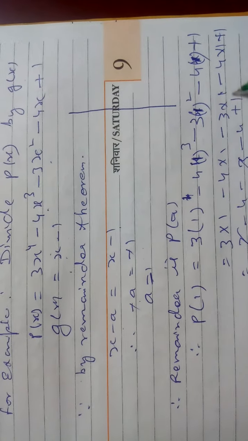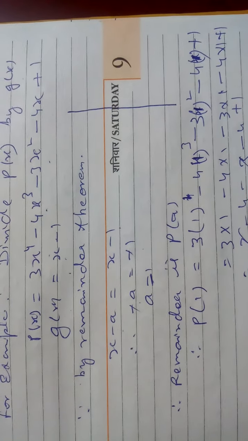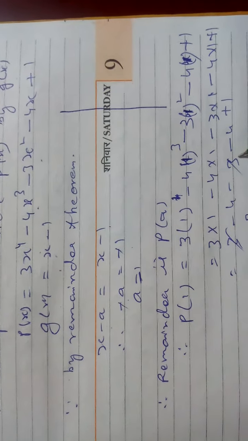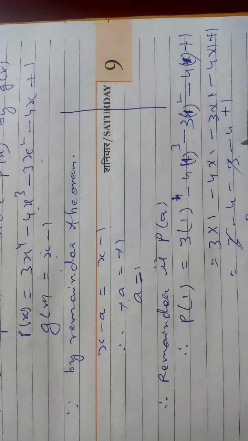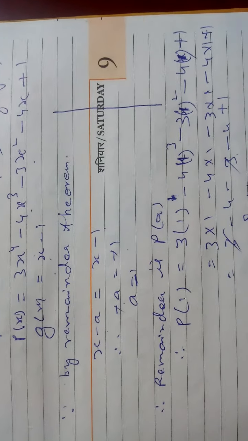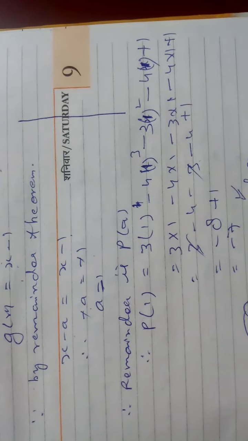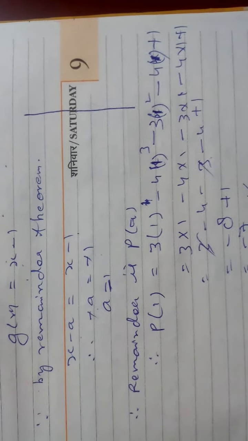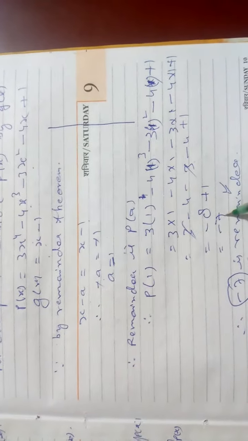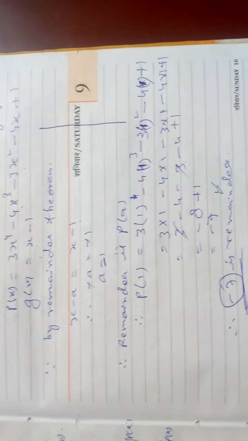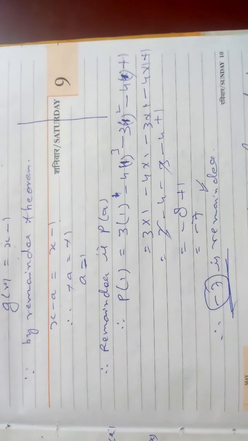Simplify this: 3 and minus 3 cancel. What are you getting? Minus 4 minus 4 is minus 8, plus 1, minus 7. Minus 7 is the remainder by the remainder theorem. By dividing this polynomial by the linear polynomial x minus a, you are getting the remainder minus 7. But you check whether it is so by the long division method.